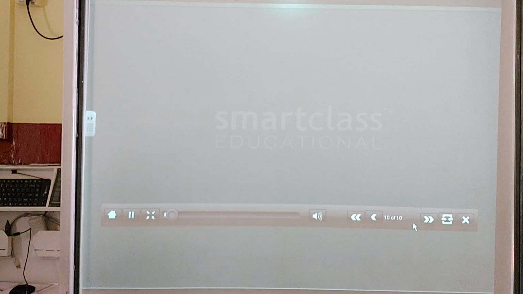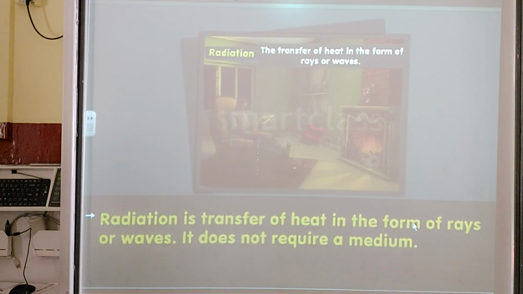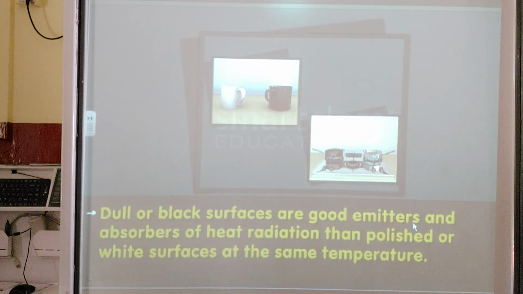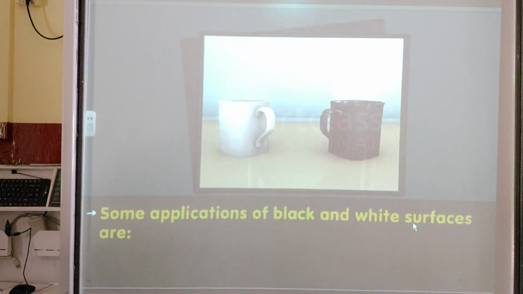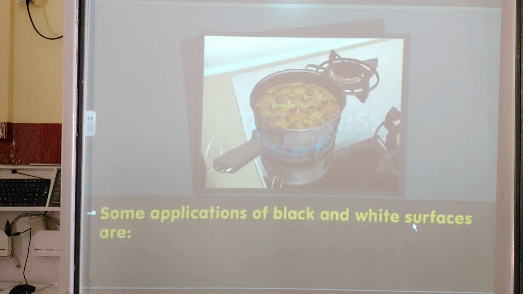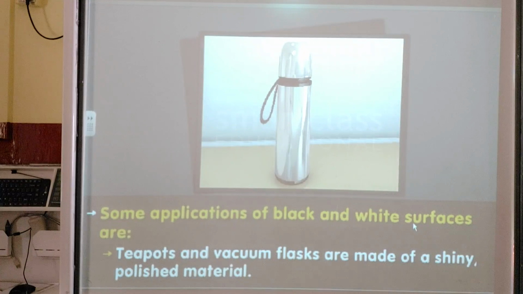In this module you have learnt, radiation is transfer of heat in the form of rays or waves. It does not require a medium. Dull or black surfaces are better emitters and absorbers of heat radiation than polished or white surfaces at the same temperature. Some applications of black and white surfaces are: the cooking utensils are painted black, teapots and vacuum flasks are made of a shiny polished material.